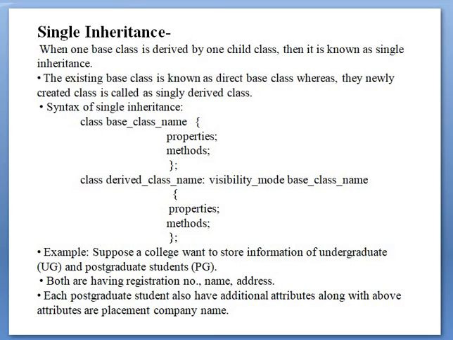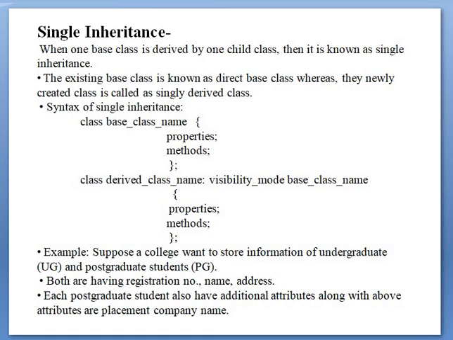So undergraduate and postgraduate students have common attributes like registration number, name and address, but the postgraduate student has one more attribute, the company name. This attribute is not required for the undergraduate student.